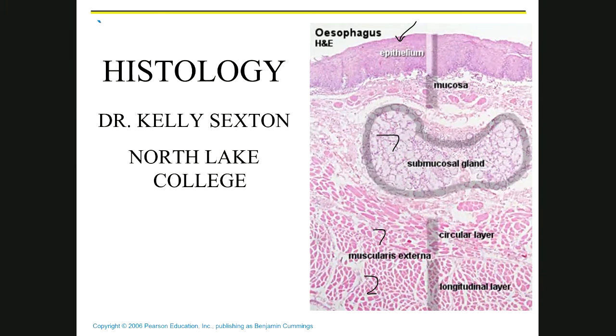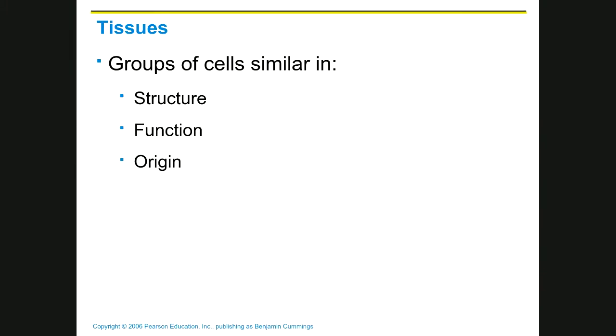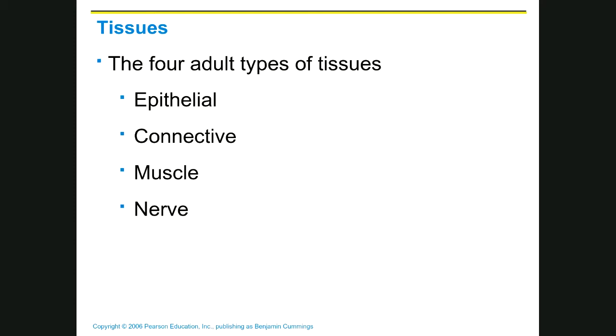Okay, so what is a tissue? Well, basically a tissue is just a bunch of cells, but it's a bunch of cells that have some commonalities. In other words, they're similar. They have a similar structure, they have a similar function, and they come basically from the same place. They have a similar origin. Well, there are only 4 types of tissues in the adult, just 4.